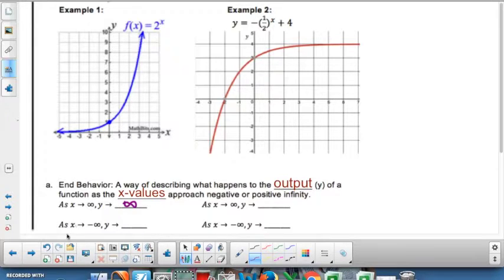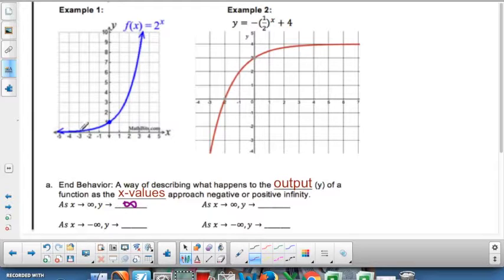The other half of this is as x approaches negative infinity, meaning as I go to the left, y is approaching what? Well, we're used to putting infinities in end behavior, and here's where something is a bit different with exponentials. This graph is going down as I go towards negative infinity, but it's not approaching negative infinity. Instead, what it's approaching is that asymptote.